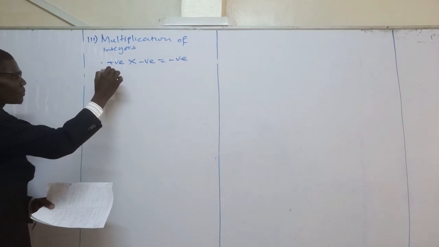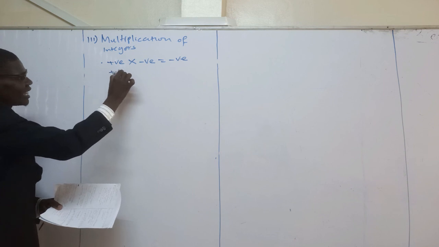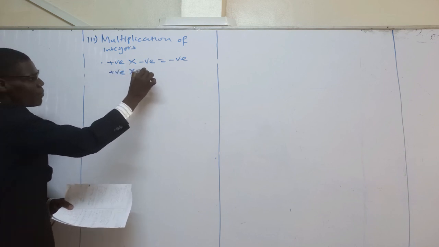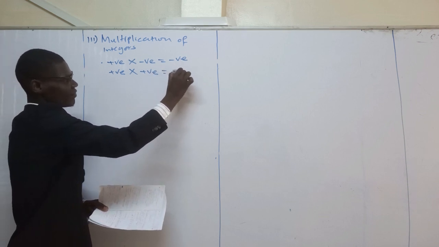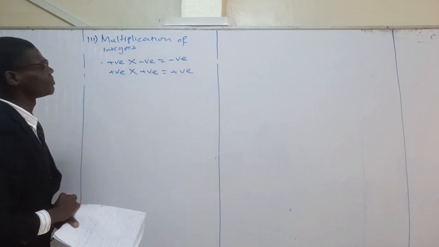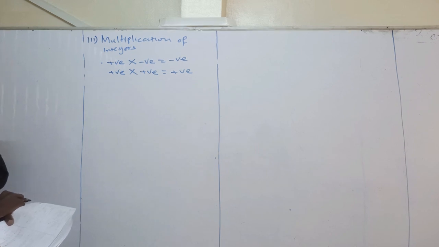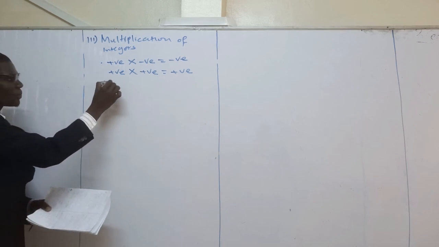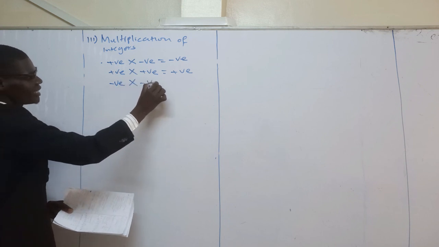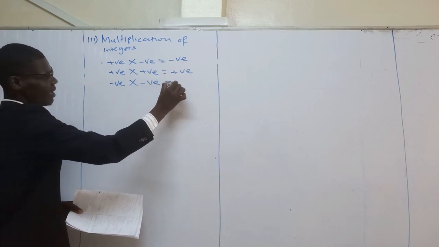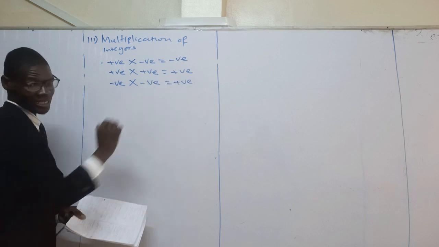Again, when I multiply a positive integer by a positive integer, I get a positive integer. Lastly, when I multiply a negative integer by a negative integer, I get a positive integer.